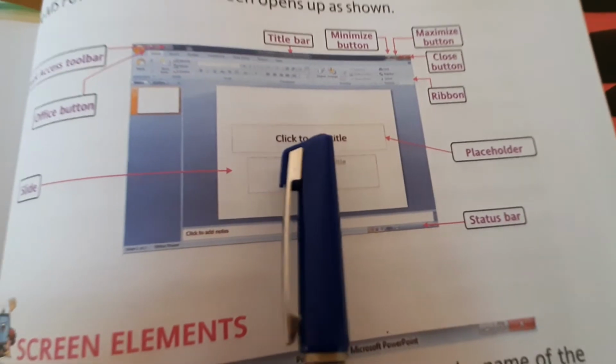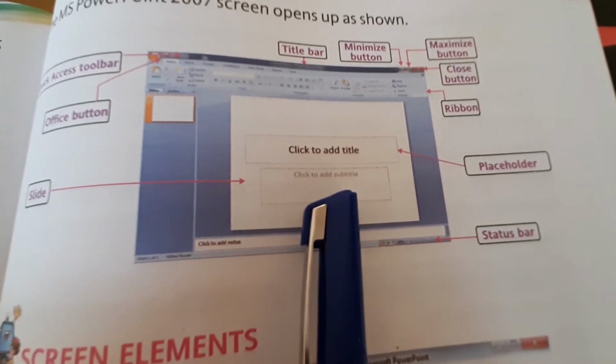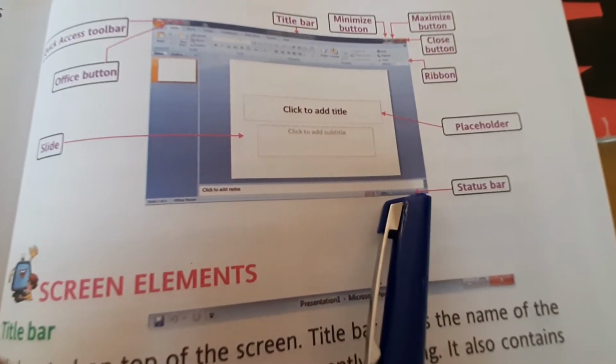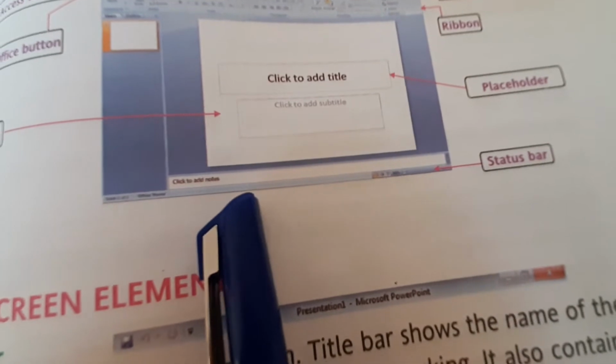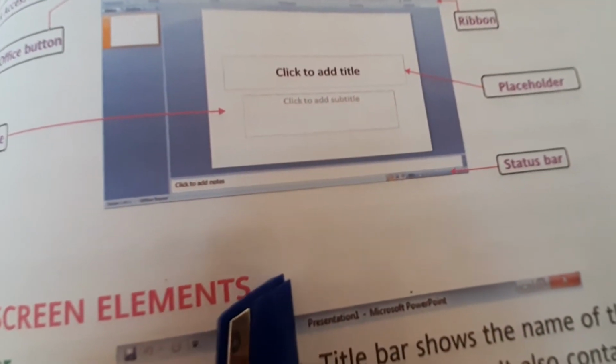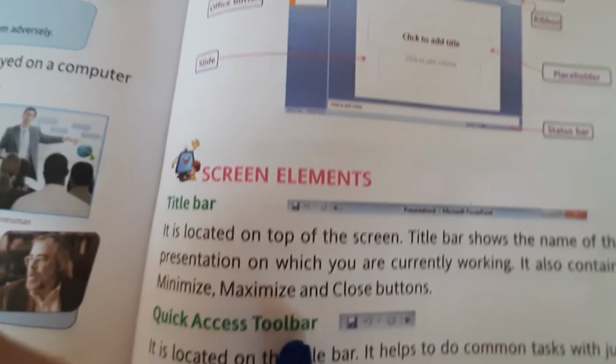In the same way, we can do our work only in these boxes. Then the status bar, in which the number of slides, views and other things are given to you. Children, we shall study them one by one now.